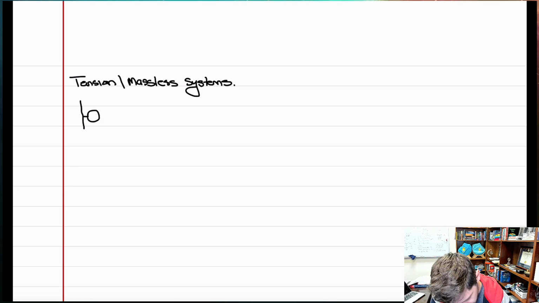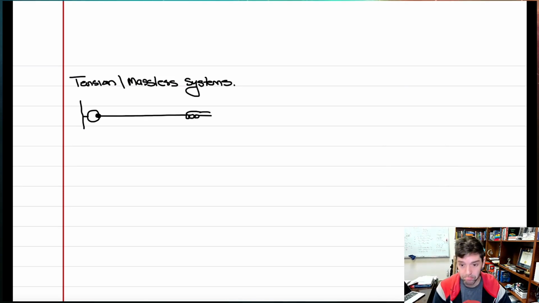Suppose here's the wall and there's a hook which is knotted to a piece of rope which you pull taut with your hand. So you're pulling on the rope, some force to the right. And that's causing the rope to stiffen up.